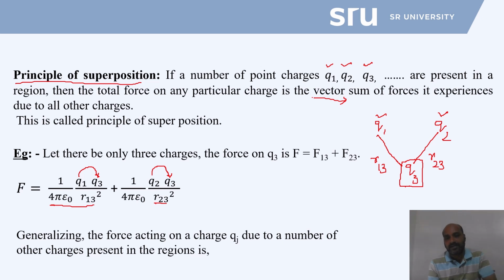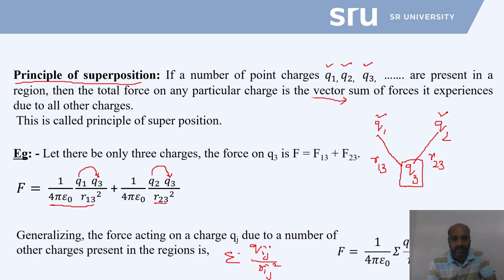In order to write that in a simple way, we use the mathematical tool sigma, sum. And that equation will be 1 by 4 pi epsilon naught, Qij by Rij square, where we are calculating the force on the jth charge.